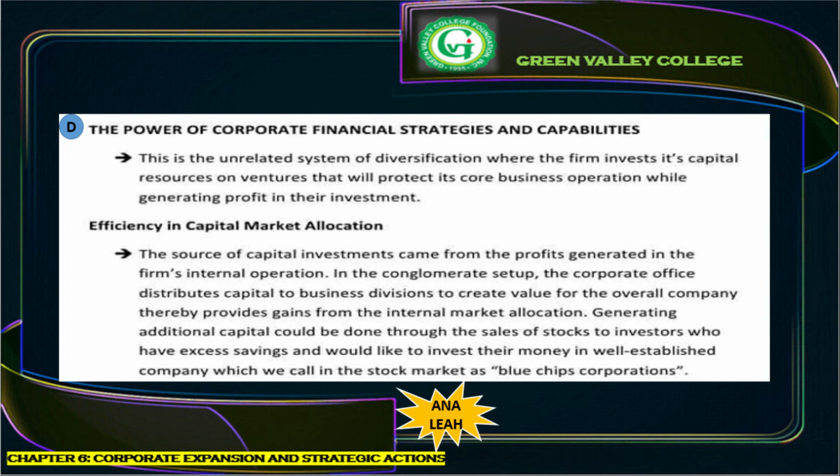Next, efficiency in capital market allocation. The source of capital investment came from the profit generating and the firm internal operation. In the conglomerate setup, the corporate office distributes capital to business decision to create volume from the overall company.